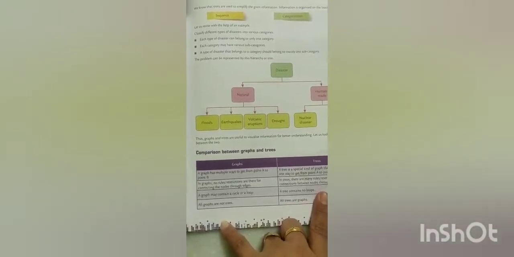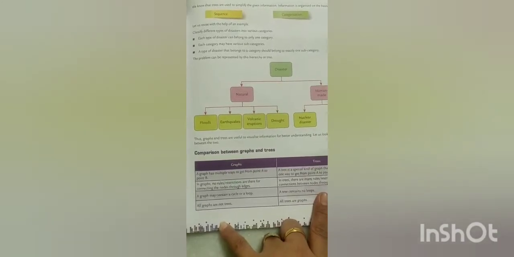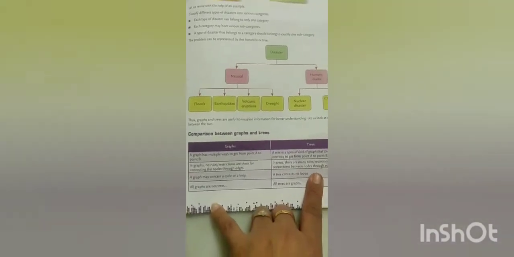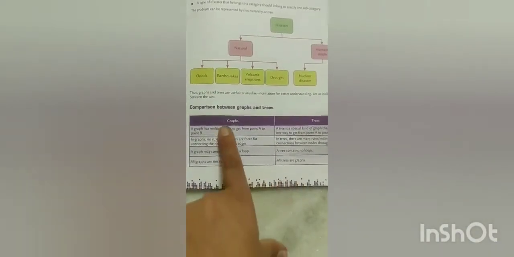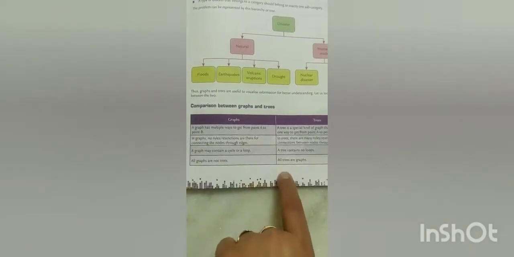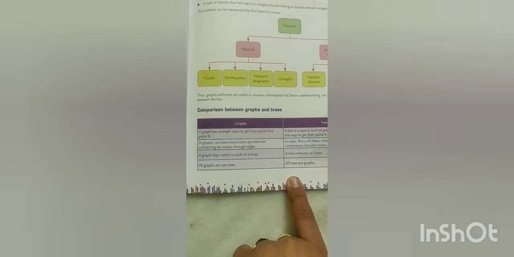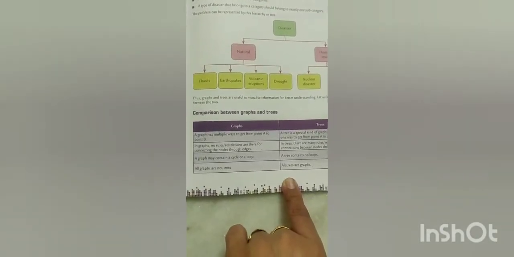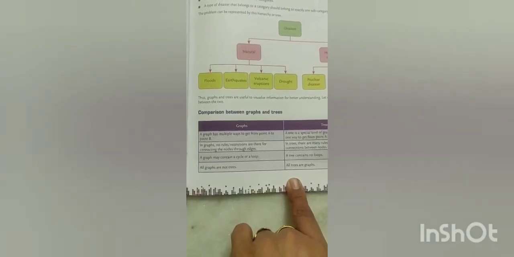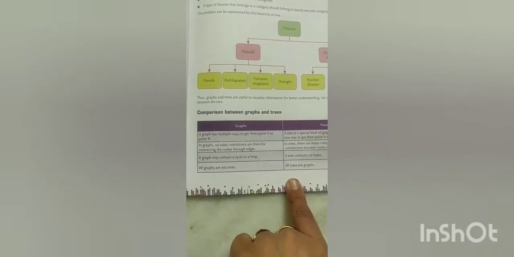But there are some differences. There are some major differences between graphs and trees that we will see here one by one. A graph has multiple ways to go from point A to point B. That means, as we saw in the earlier video also, graphs can have cycles, okay? They can have loops. There can be more than one way to go from one point to another point.